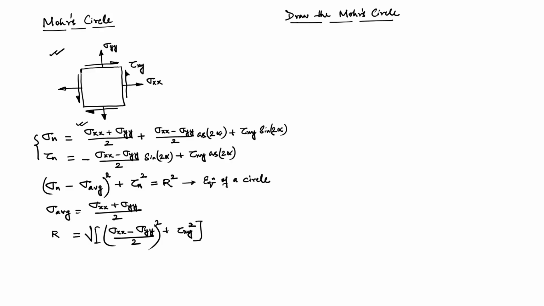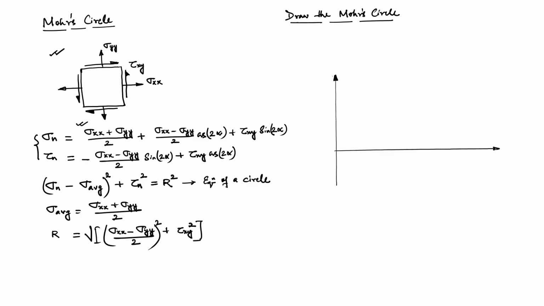For that, we first develop the axis. So, we have x axis and y axis. Let us draw the axis first. This is our x axis and then we also have y axis.